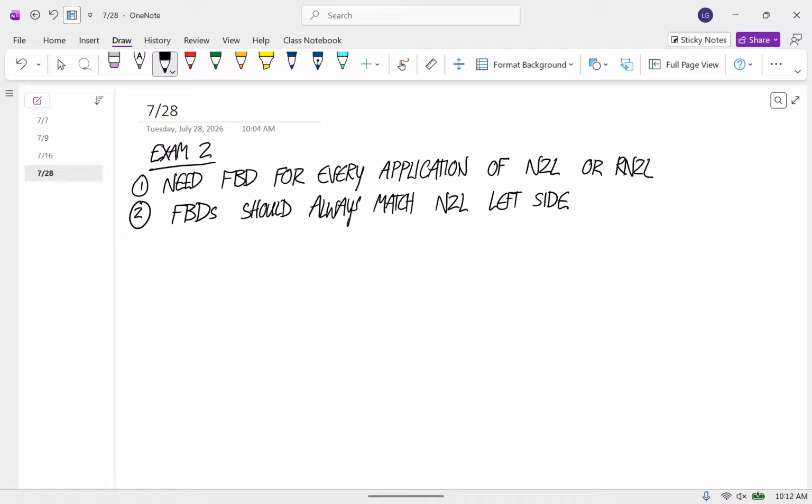There is one thing that I wanted to say. This was the one that came up a couple times. It came up on numbers 1 and 2, but let me just do it for number 1. So you have a beam like this, and a roller, and a force like this.